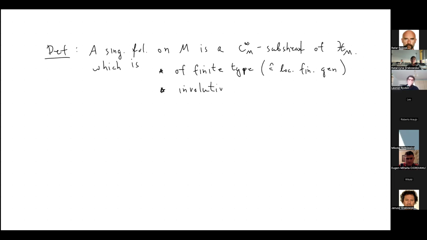So basically, we are now taking the perspective of regular foliations as a certain subset of the vector fields, and now we just weaken the condition. It doesn't need to be locally free anymore. It doesn't need to come from a vector bundle. It just needs to have finitely many generators locally, and we still want it to be involutive.